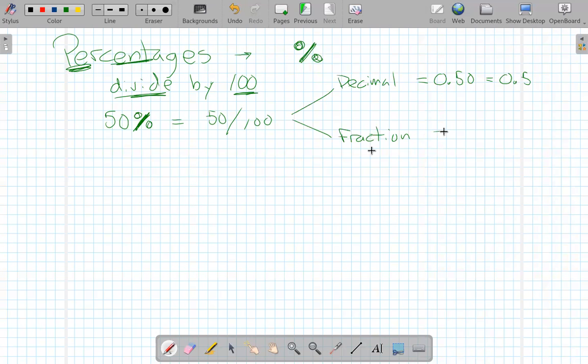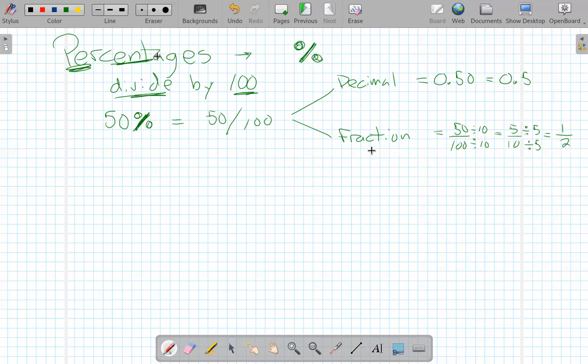As a fraction, we would reduce, and if I reduce 50 over 100, I could divide top and bottom by 10 and get 5 tenths, and then realize, well, I can still divide this time by 5. So I could also call this 1/2.